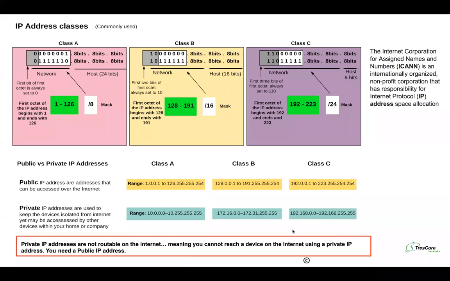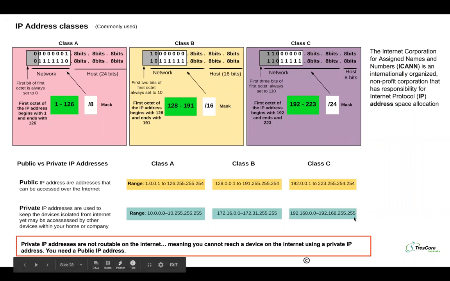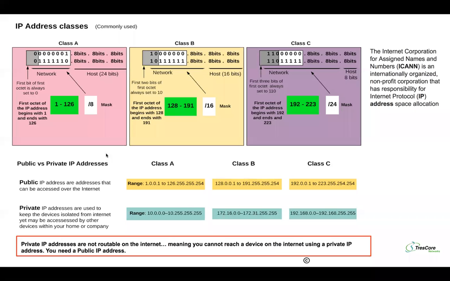These are private ranges which cannot be used to reach CNN or any public endpoint. Only public IP addresses can be routed and used to reach the other side of the internet or other public resources. Okay, so just remember this, just to identify whether an address is a class A, class B, or class C.